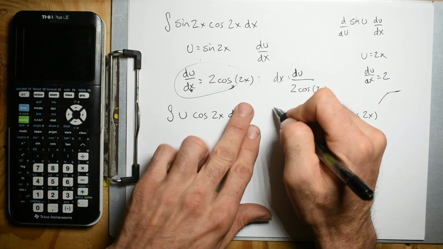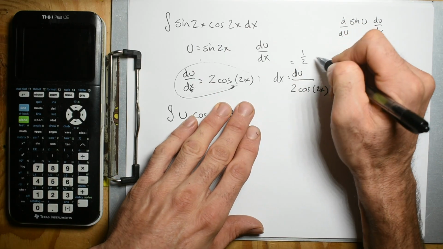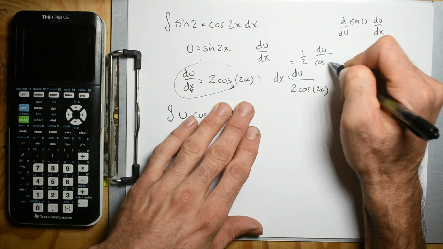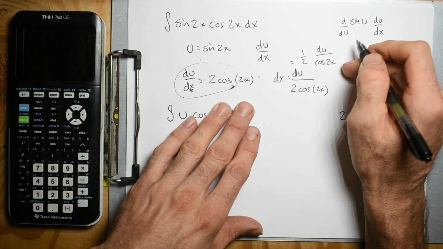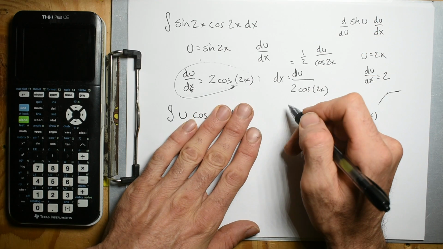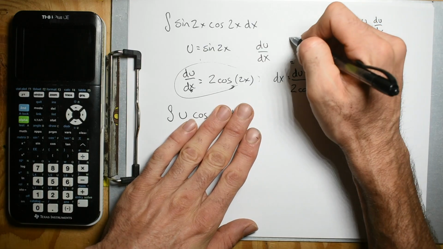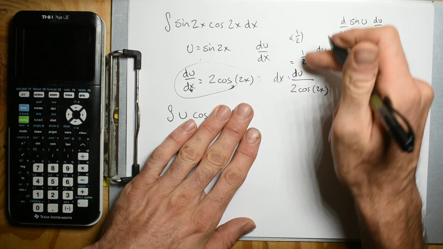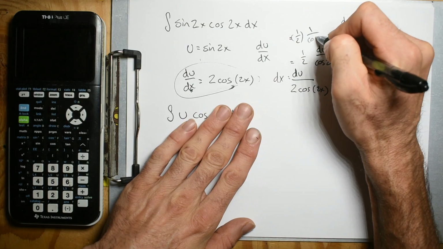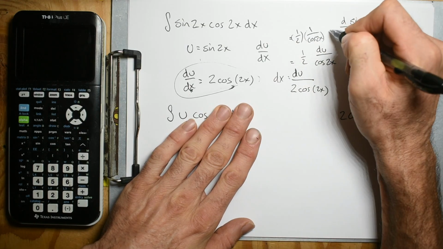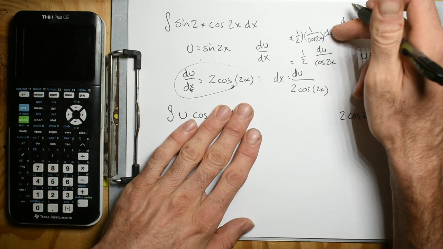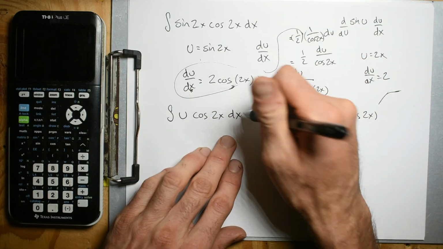And then kind of rearrange this. It's going to be 1/2 du over cosine 2x. Usually you want to separate this, but I could do this 1 over cosine 2x and then put the du right there. So that is what we're subbing in for this dx.